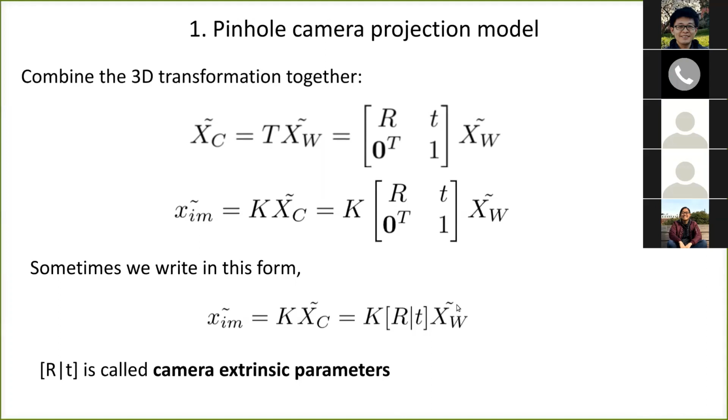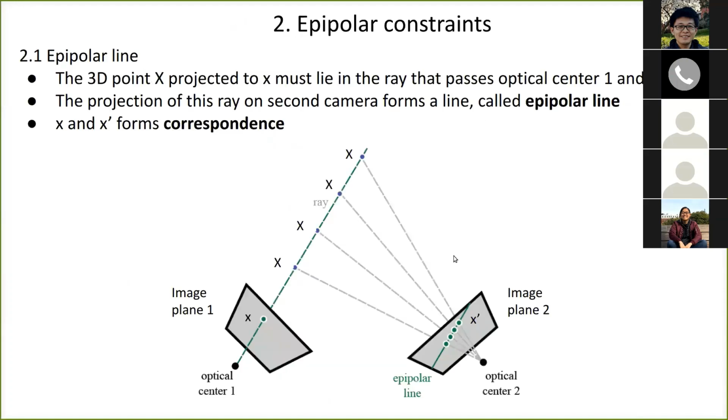So we'll have a mapping from the world coordinate system in 3D to the camera coordinate system, and then to the 2D image coordinate. Okay, so up to now we finished the camera projection process. So any question up to now?